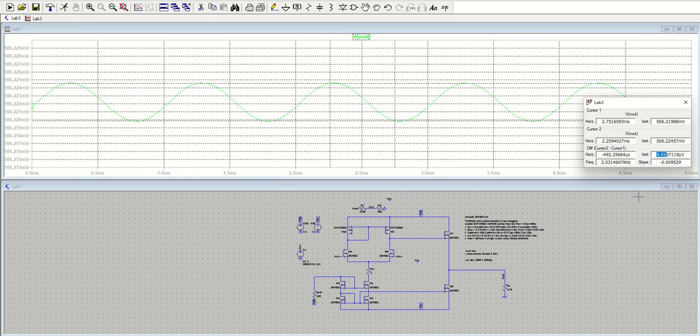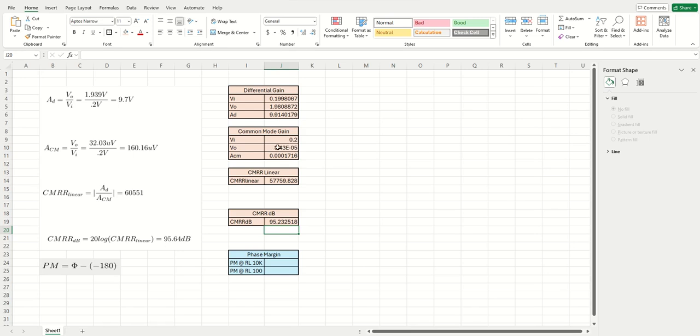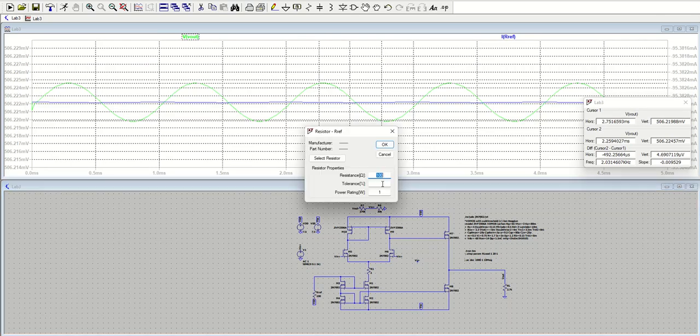Here it is 4.7 microvolts, and all I did was change the reference resistor to 100, which increases the total current to approximately 100 milliamps. We plug that value in for the common mode output, and you can see how big a difference that makes. Now our common mode rejection ratio is 112.5 dB, which is much better than with only 1 milliamp.